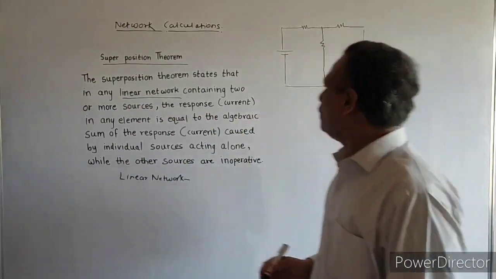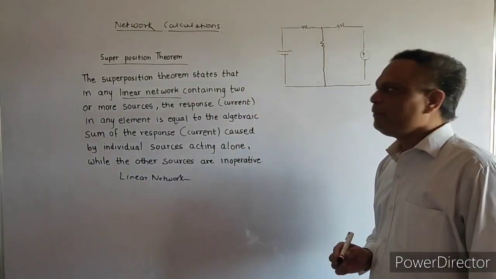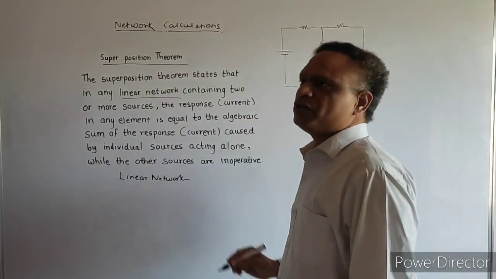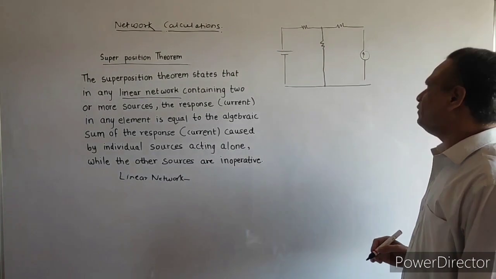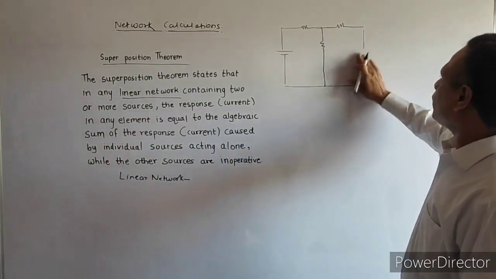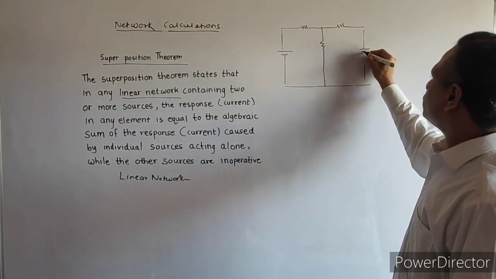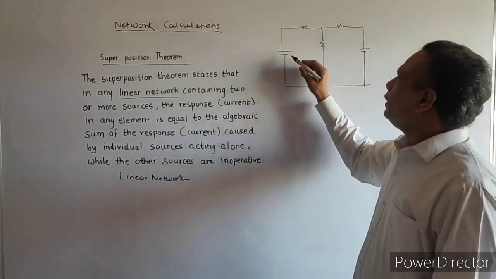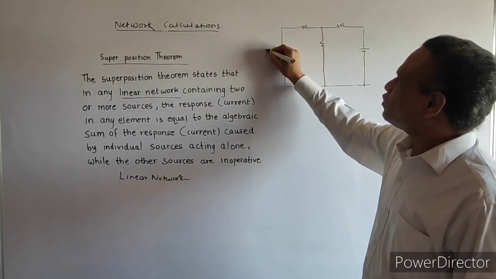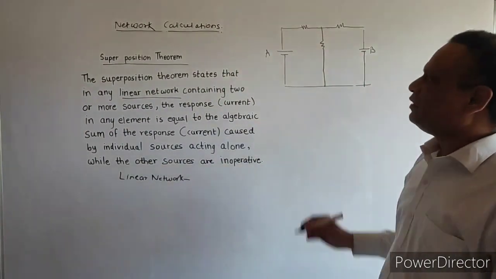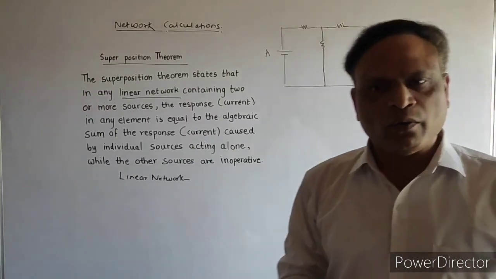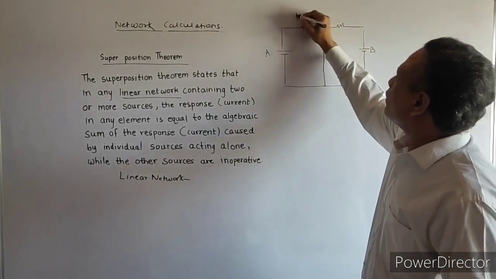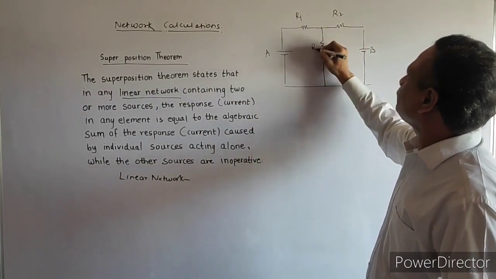So what this states is that the individual response of each source has to be considered. For the time being, let us consider this is a voltage source, then we will see about the current source also. Suppose this is source A and this is source B. So the individual response has to be jotted down. That means first you have to say this is R1, this is R2, this is R3.